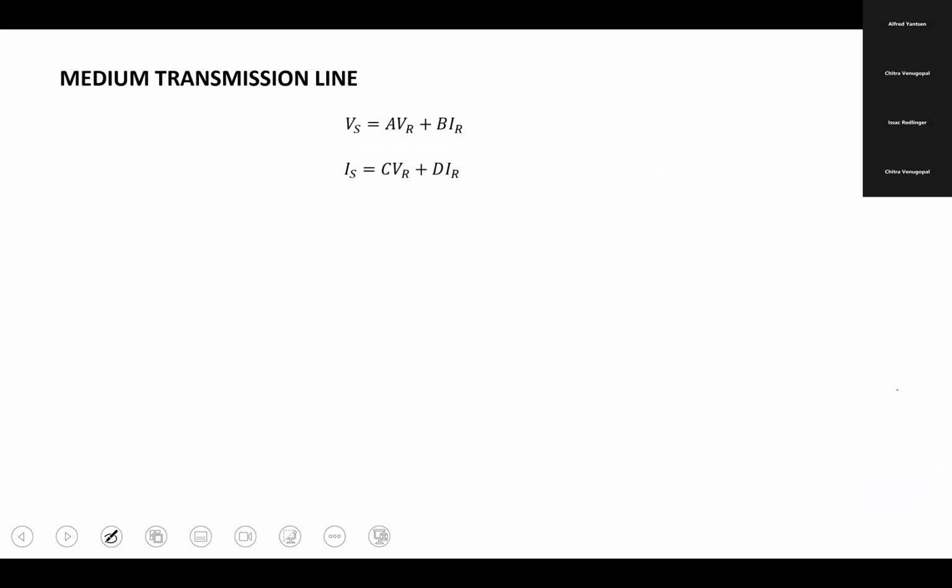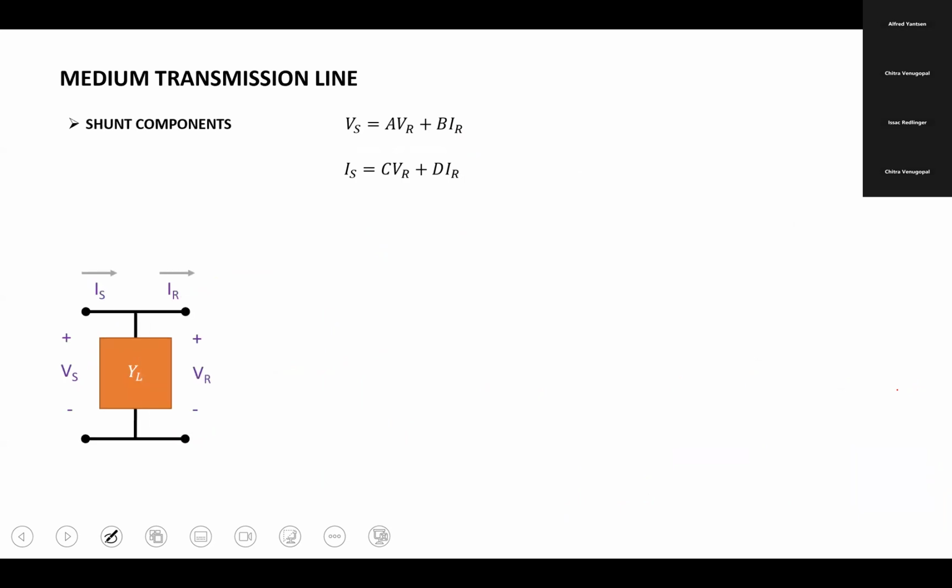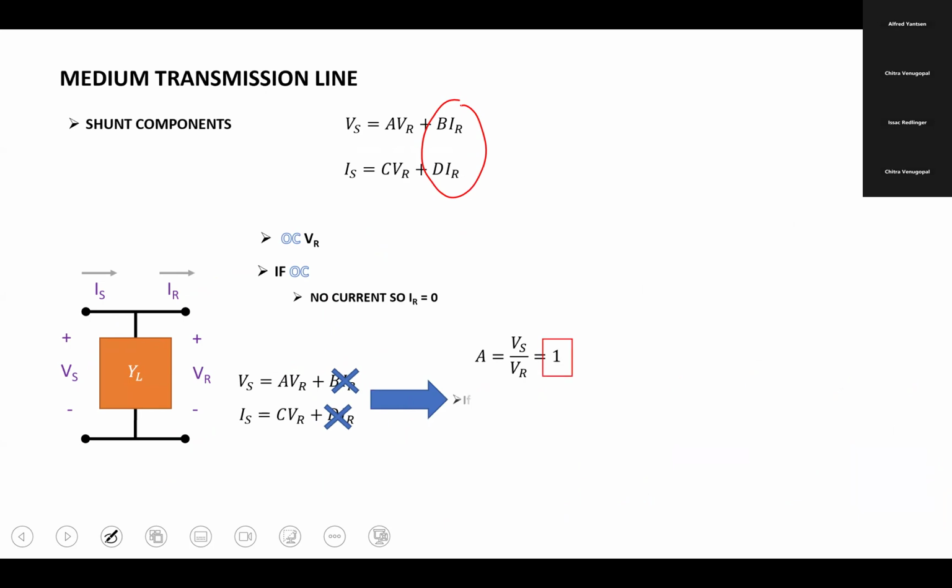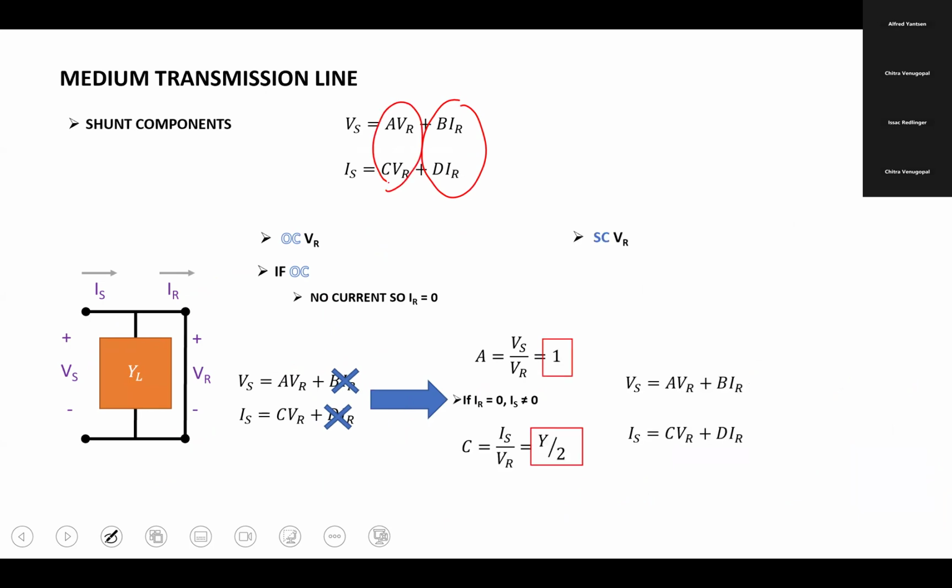Right. So we take the first section here. This is the basic equation we are using. Apply the short circuit and open circuit. When you say open circuit, current is going to be 0. So put current equal to 0 in this equation. You get the values for A and C. In short circuit, voltage is going to be 0.